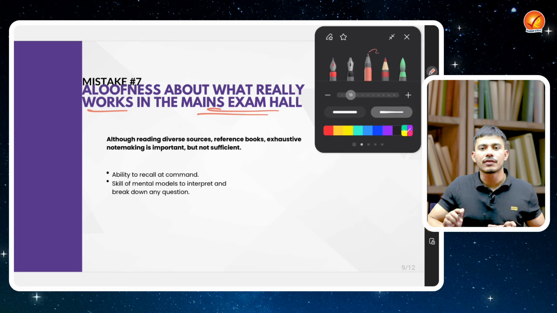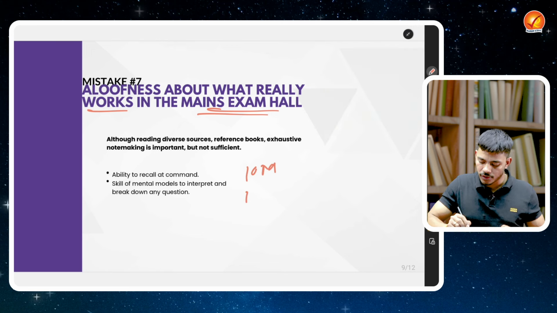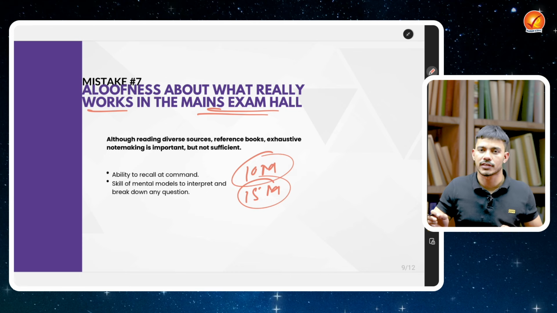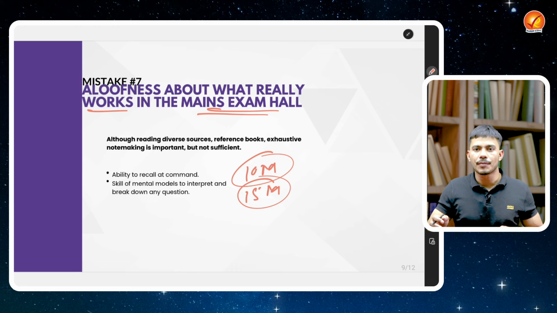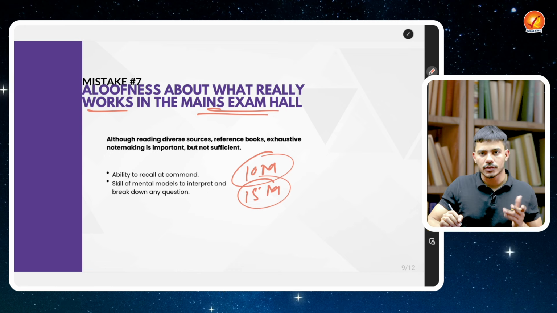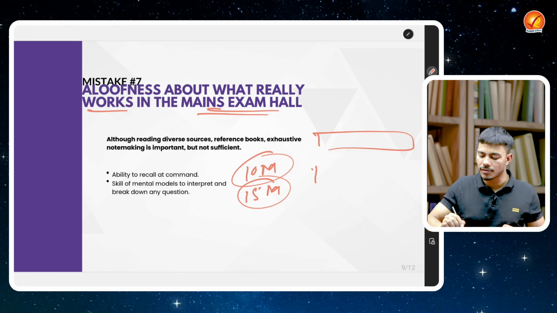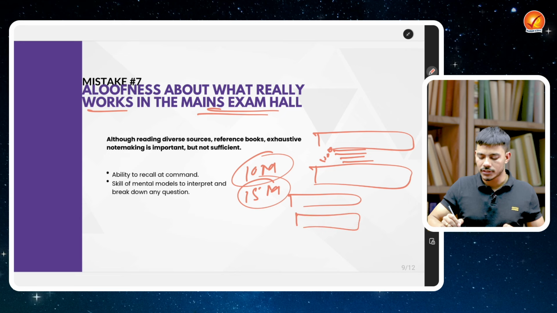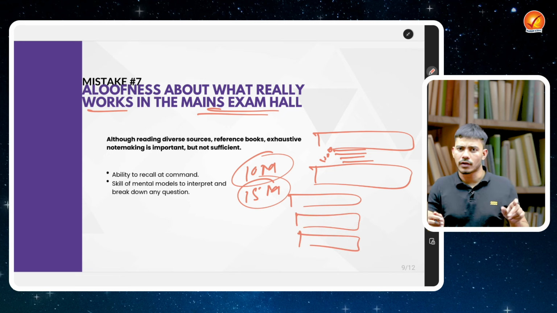So if there is any question, say for example a 10 marker or a 15 marker, by analysis of different previous year questions and different questions asked in test series, you have to develop a skill that the moment you see any question, for example a 10 marker, you should be immediately able to interpret what its different demands are, and by understanding the different demands, you should know what are the two very precise subheadings which I can make in this particular question, and then I can come up with the relevant points below that. Okay. Similarly, for 15 markers, you should have the ability to immediately interpret the question and break it down into, for example, 2 or here 3 subheadings.